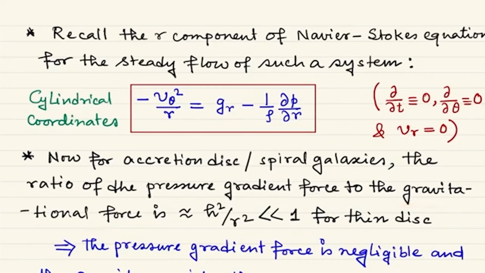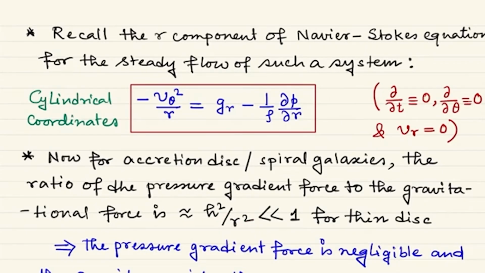Because the ratio, just check your old notes where we discussed the accretion disk, will simply be of the order of h square by r square, and for a thin disk this is negligible. Just a point: it can be an interesting study to see how this ratio becomes for a non-thin disk.